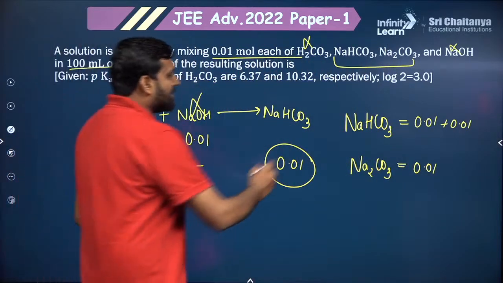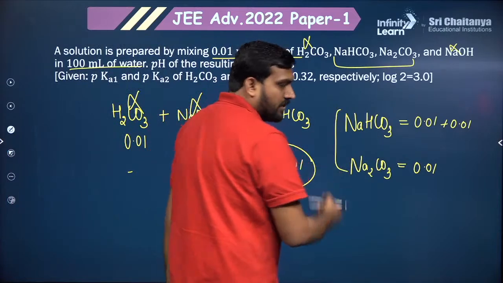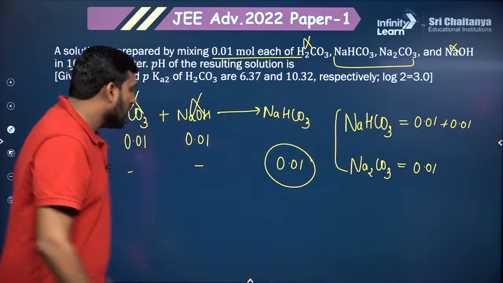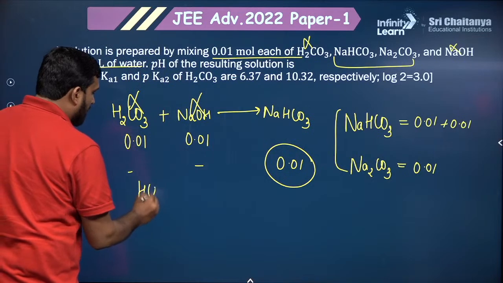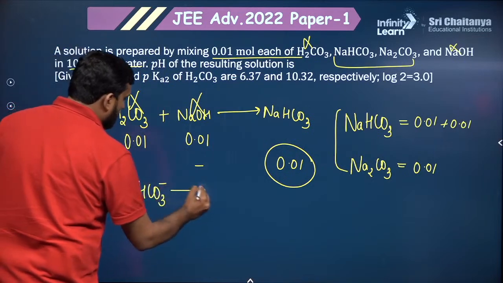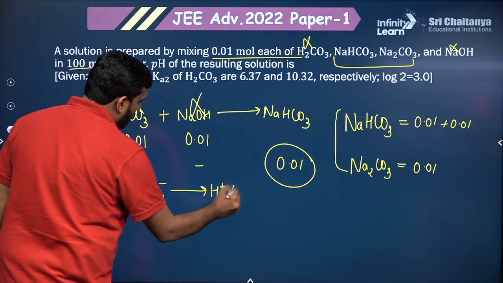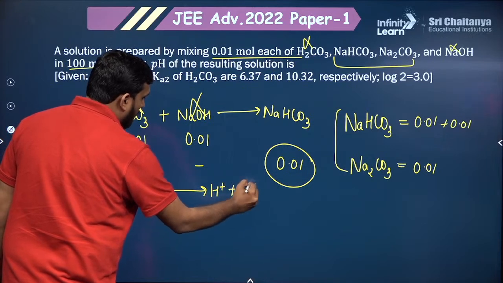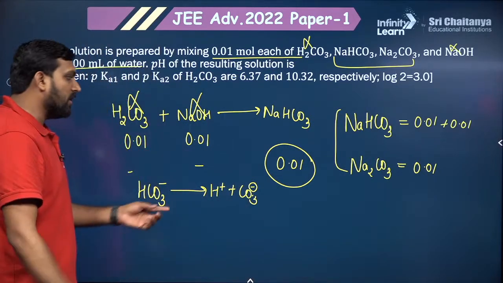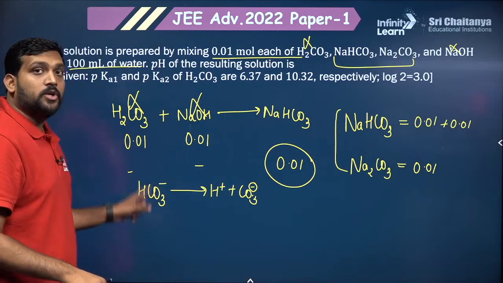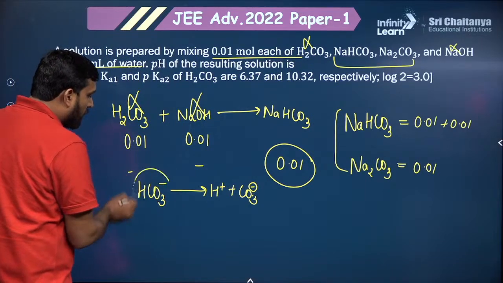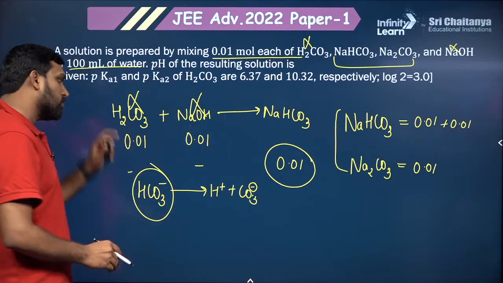So we can easily see and tell that this is a buffer, nothing else, okay. This is the buffer formed by HCO3, which releases a proton to form this, okay. So if I have to consider a pKa value here, I have to consider pKa2, because the buffer is formed by this ion, it is not formed by H2CO3.